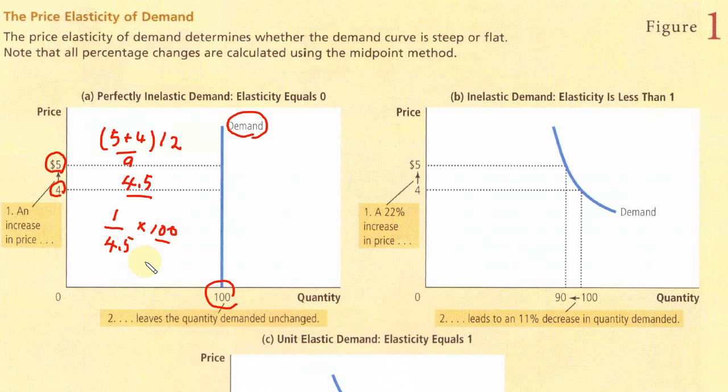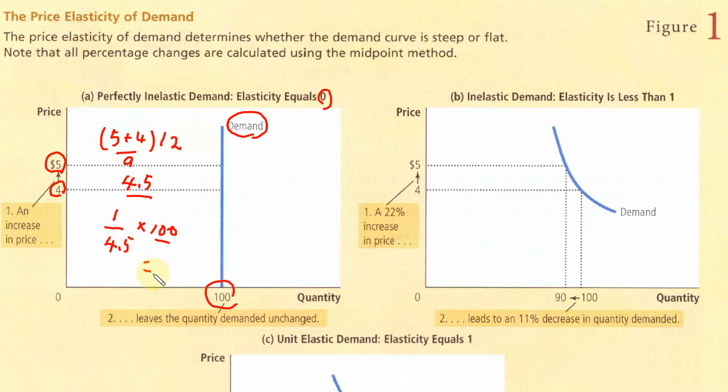Then we can calculate the consequence of this one, right? So according to the calculations, the perfectly inelastic demand is almost zero, right?